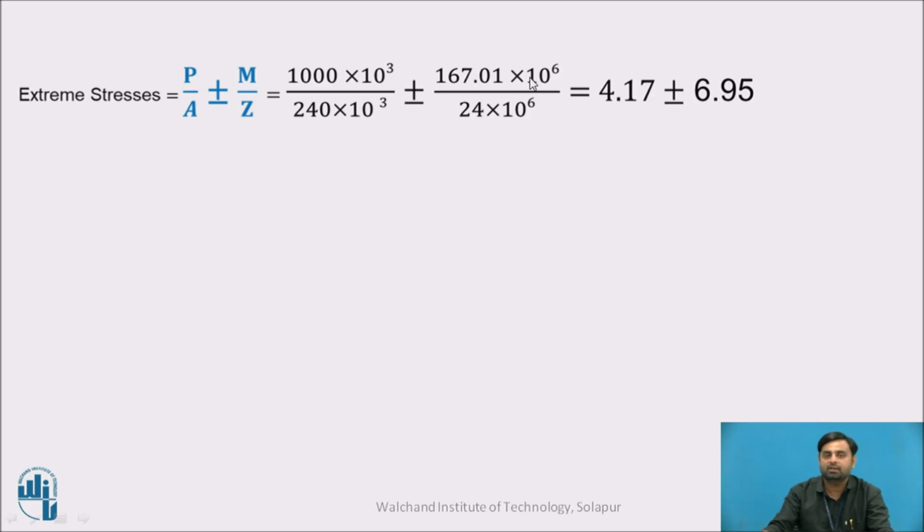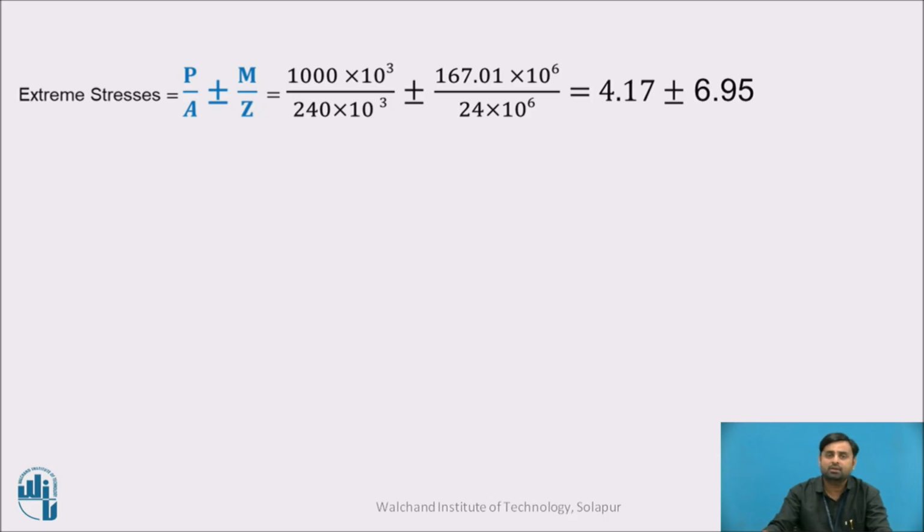Again plus minus M by Z. The M value, as we saw on the previous slide, is 167.01 kilonewton meter. It is converted into Newton mm, that is why it is 10 raised to 6, divided by Z, the section modulus, which is 24 into 10 raised to 6. For a rectangular section, Z is the section modulus, and the formula is I by Y, the moment of inertia divided by the distance of the extreme fiber.